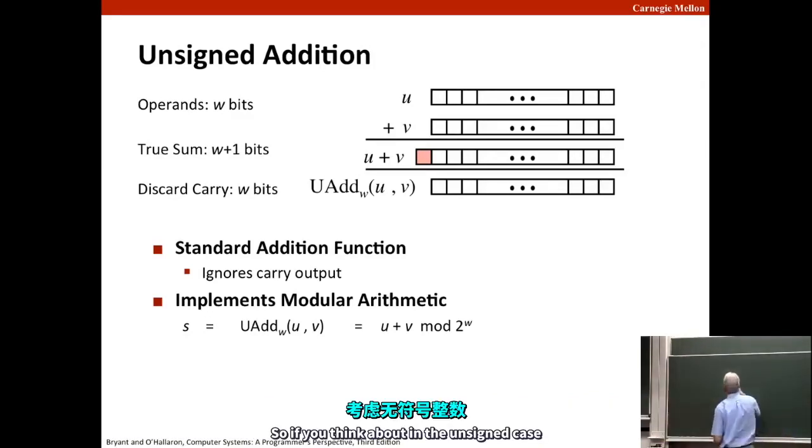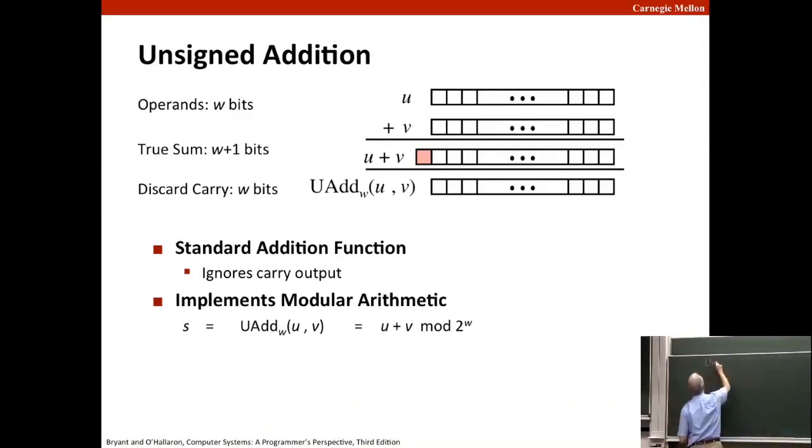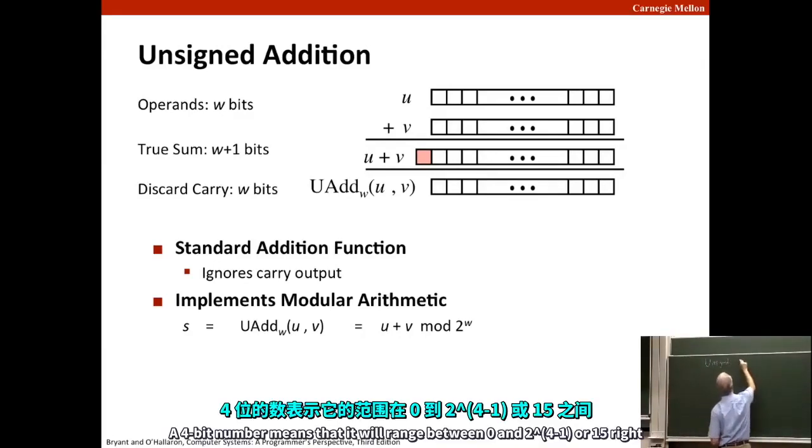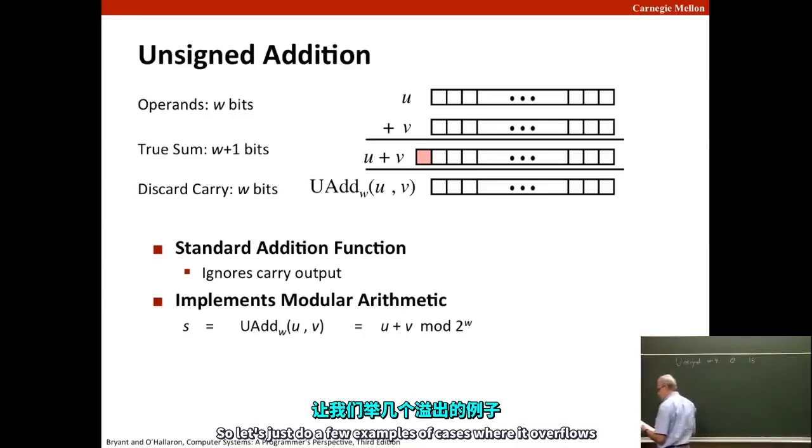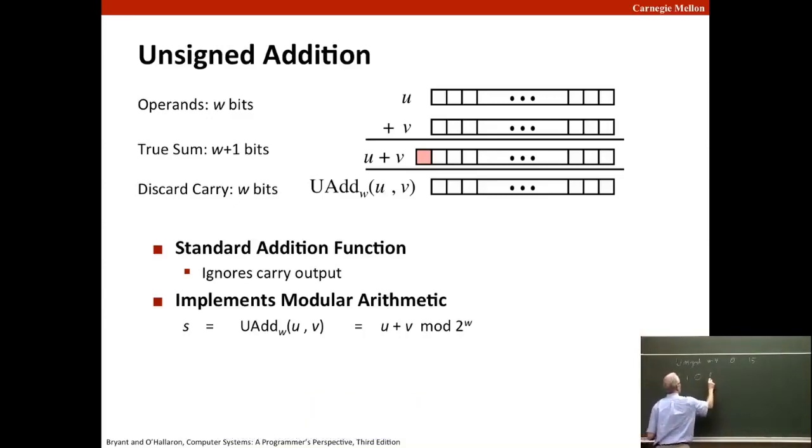So if you think about the unsigned case, a 4-bit number means that it will range between 0 and 2 to the 4th minus 1, or 15. And so let's do a few examples of cases where it overflows.